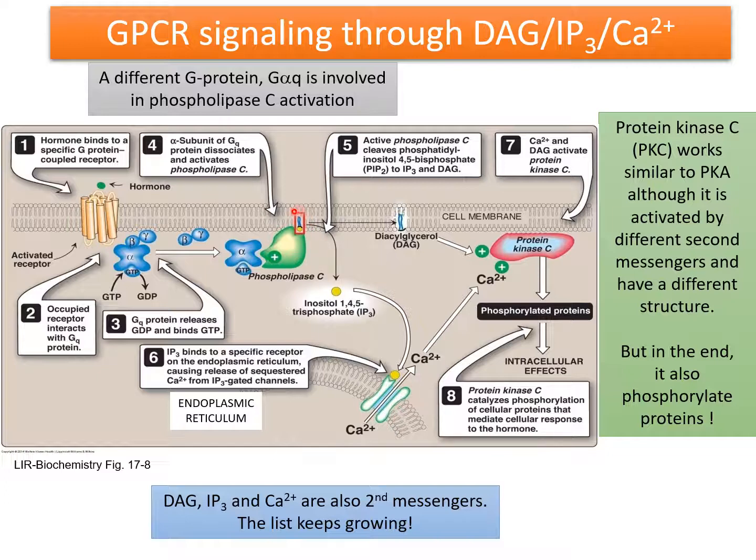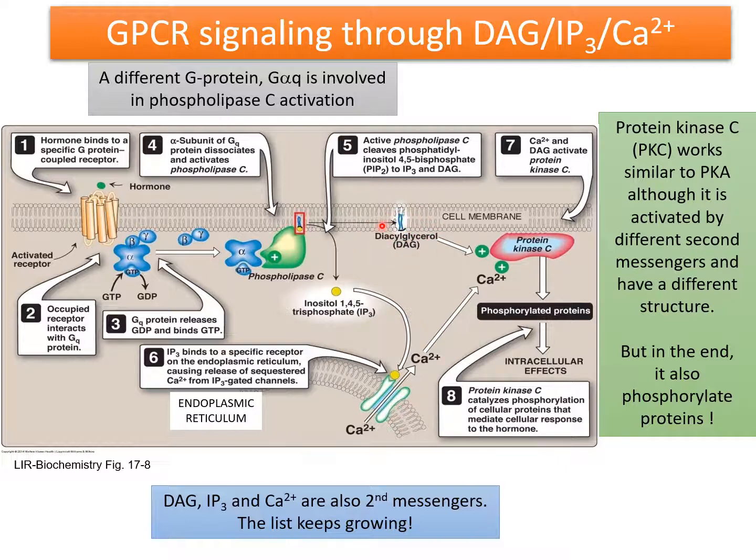And this is a favorite test question. This molecule, before it gets cleaved, is called PIP2, or phosphatidylinositol 4,5-bisphosphate. When the G alpha subunit is active and binds to phospholipase C, this gets cleaved. Then you get inositol triphosphate, or IP3, and diacylglycerol, which is retained in the membrane.